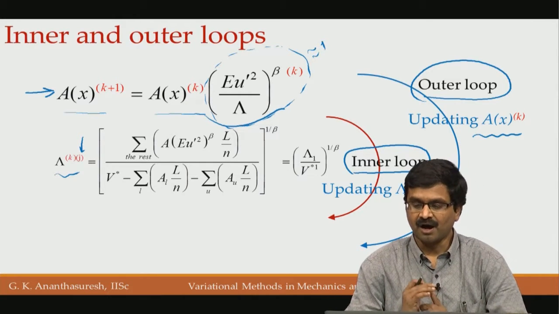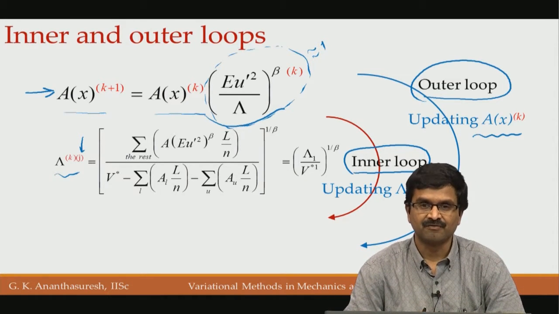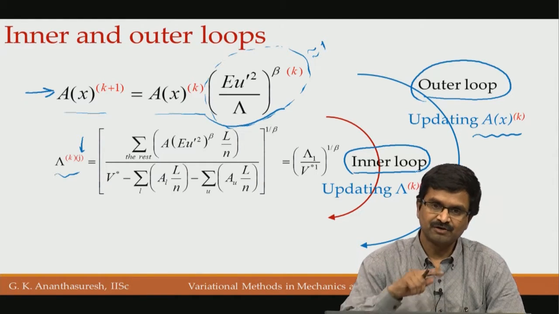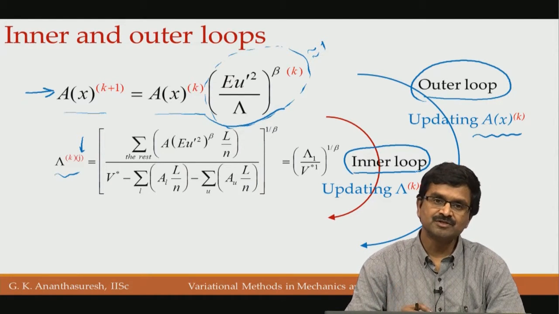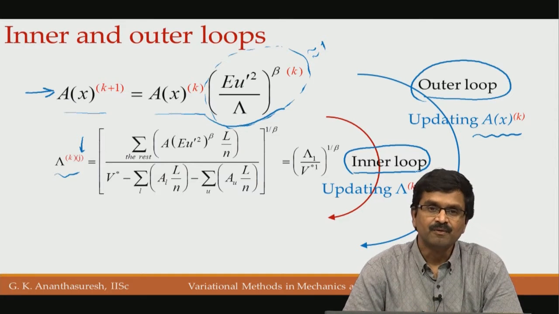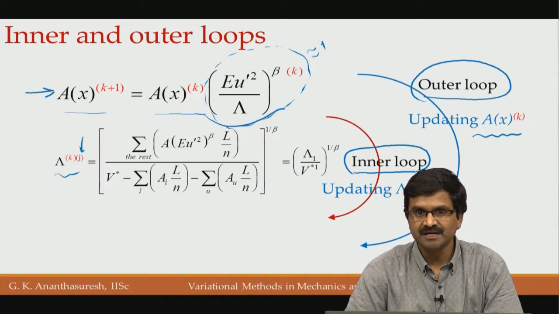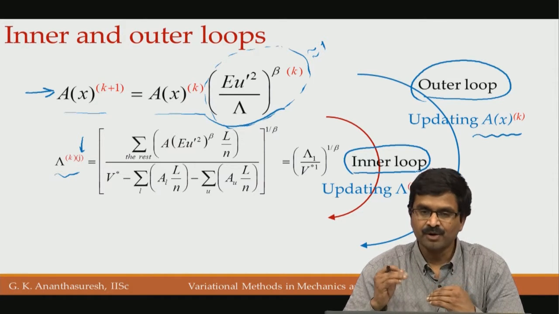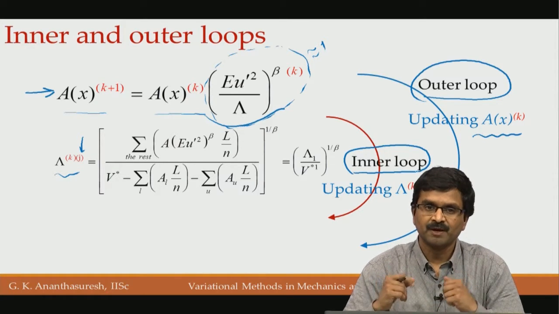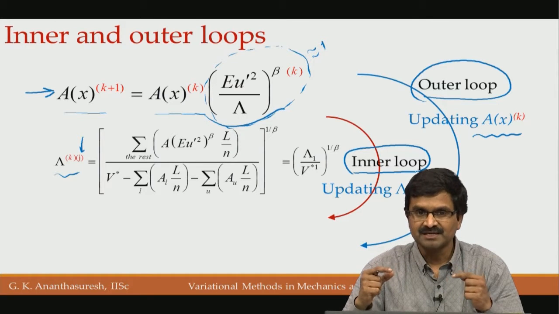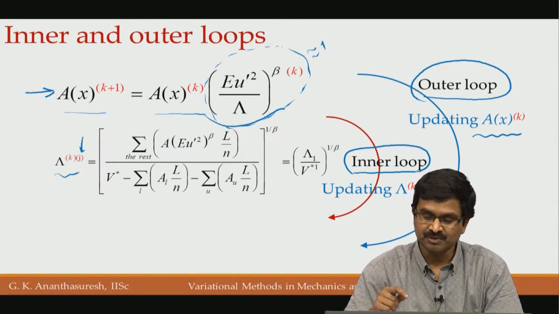The outer loop is needed to update area of cross section, that needs the finding of the lambda k at the kth iteration. For that we have to run an inner loop, and when do we stop? We stop when no more elements exceed the upper and lower bounds. Whichever exceed, we push them to the either lower or upper bound as the case may be, but we keep on doing it until there is no change, then we stop the inner loop.